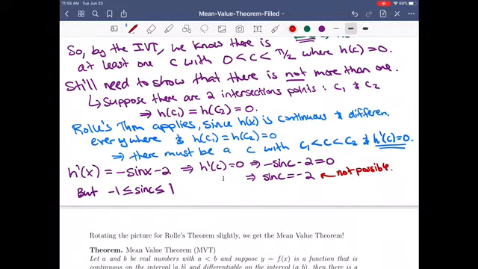Okay, this is not possible, which means our assumption that h of C1 is equal to h of C2, that there's two places where it's 0, is not possible.